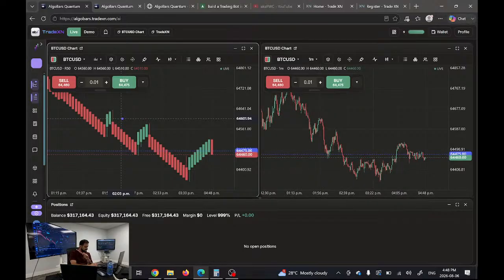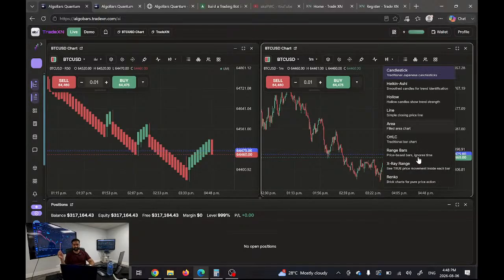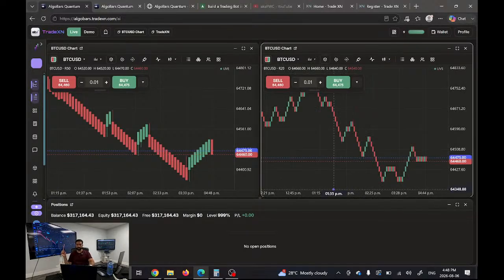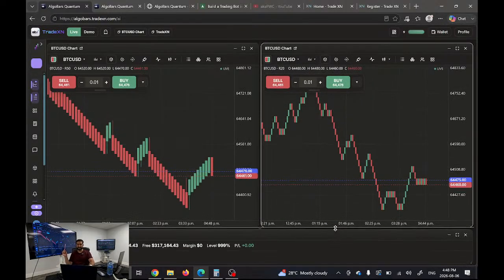Sam is saying, looks similar to Renko chart, same principle. No, actually, the way that it works is Renko is very different than range bars. And I'll show you because AlgoBars also has Renko charts, okay? Look at this. This is the range bars, dynamic. You can see it move. It builds the bars. It shows you the internal movements, all of that.